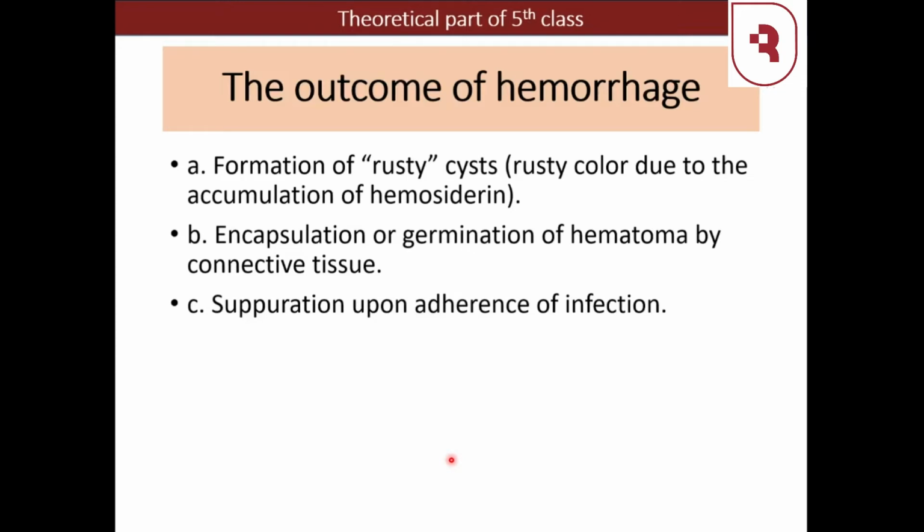Mostly there is encapsulation or germination of hematoma by connective tissue, which happens in all cavities of our organs, mostly in the thoracic cavity or abdominal cavity, or suppuration upon appearance of infection. So sometimes we may see addition of an infectious process to the hemorrhage, and it will be one of the most unfavorable outcomes.